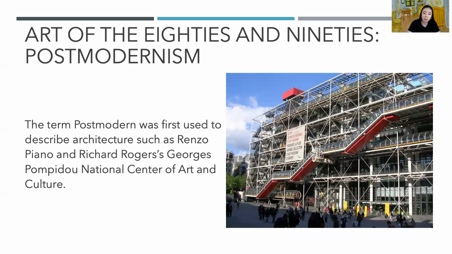The term postmodern was first used to describe architecture such as Renzo Piano and Richard Rogers' Georges Pompidou National Center of Art and Culture. I will show you two famous postmodernist artists now.